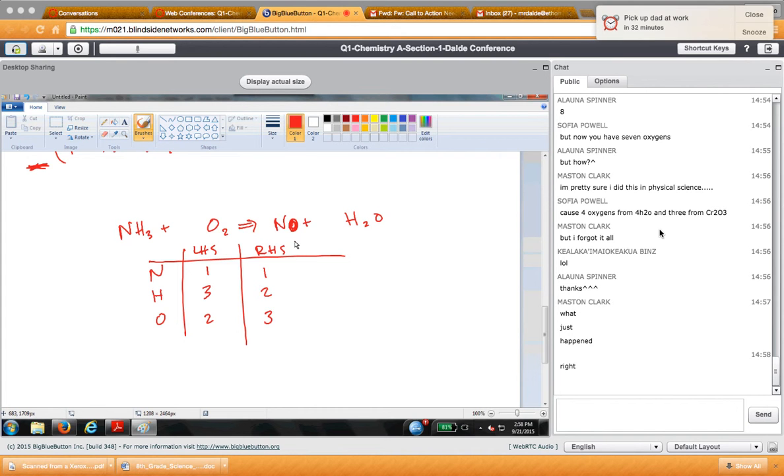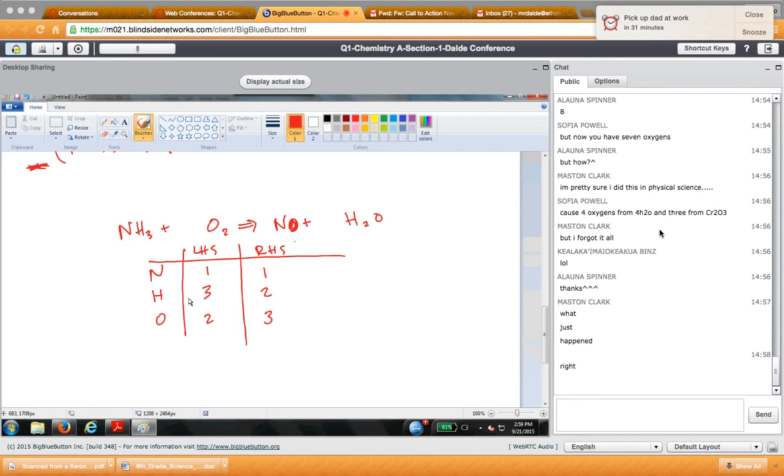I would approach this almost like clearing fractions, or almost like cross multiplying. So let's see.